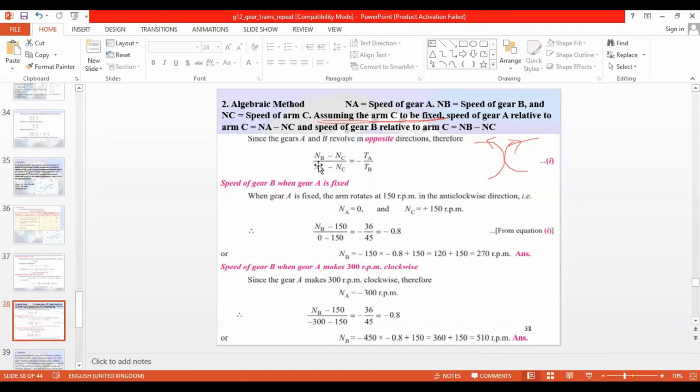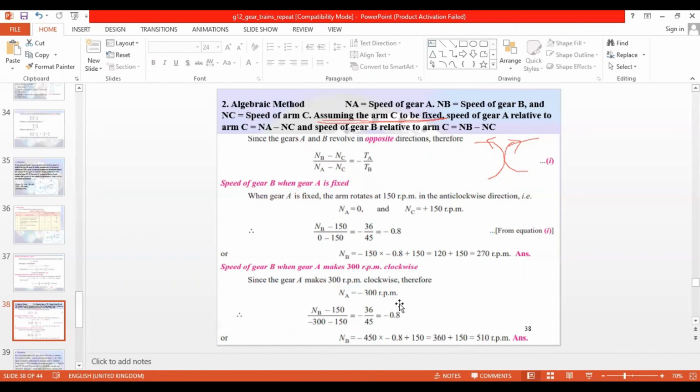So instead of NA, I will put minus 300, minus NC 150. So NB minus 150 is equal to minus 300 minus 150, that is minus 450, equal to minus 36 by 45.